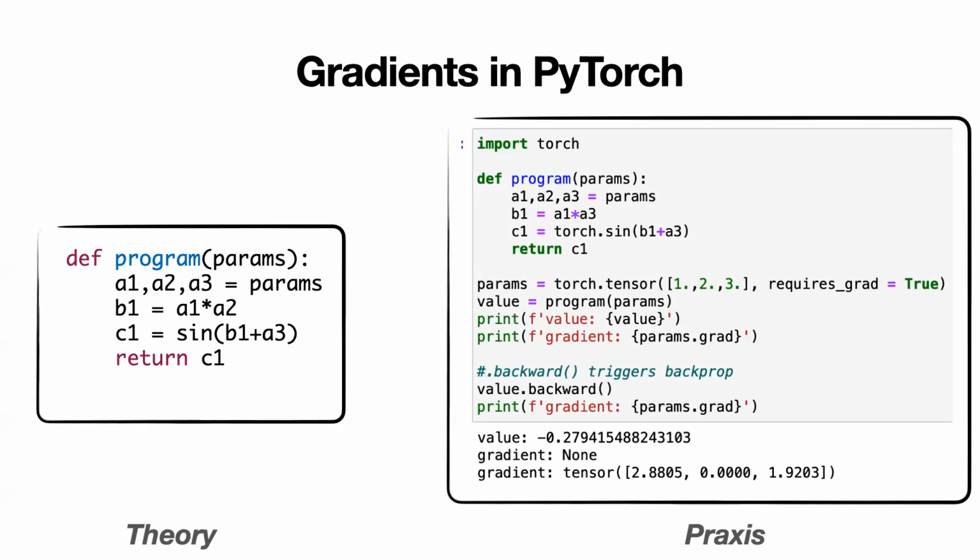Once we trigger dot backward on our output value, we get our gradients. These gradients are the derivative of value with respect to parameters. And this is how you do backpropagation in PyTorch.